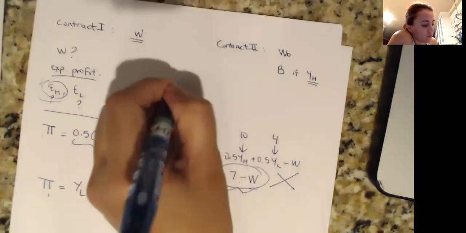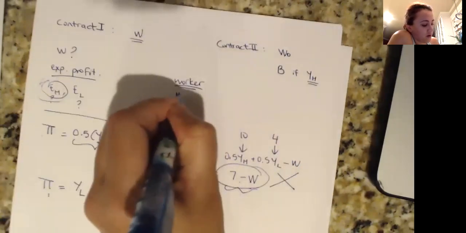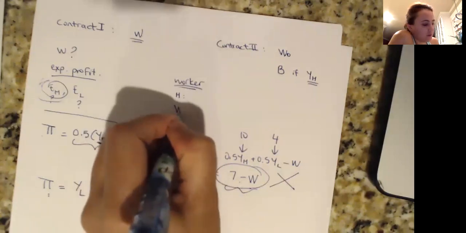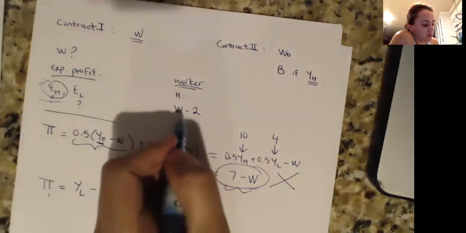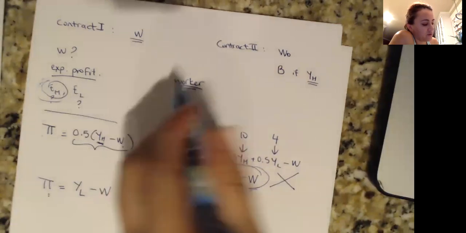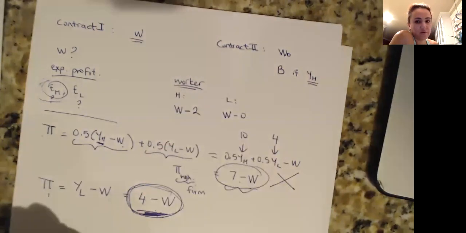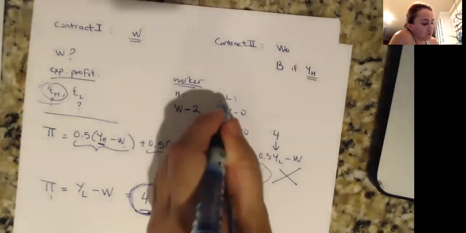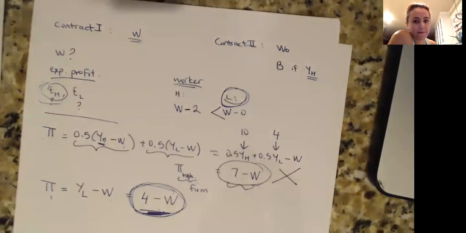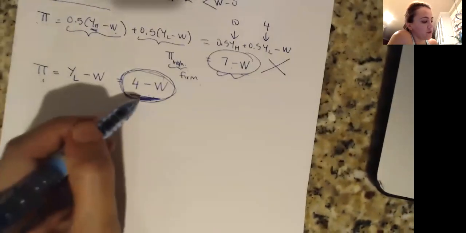If you check for the worker, with high effort, the worker is going to get W minus 2. He's paid W and the cost of high effort is 2. If he chooses low effort, it's simply W minus 0. So of course he's going to choose low effort. And when the worker chooses low effort, the firm gets the profit from low effort.